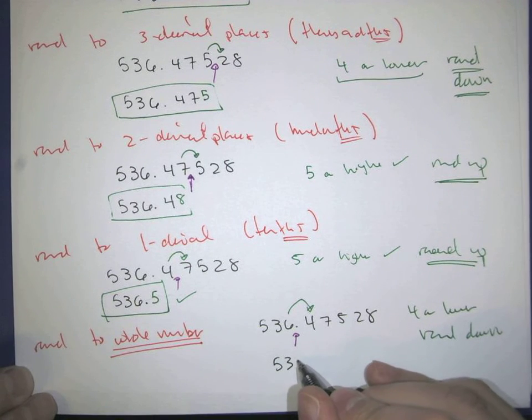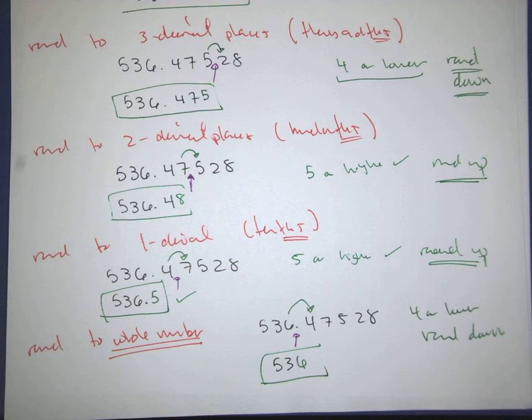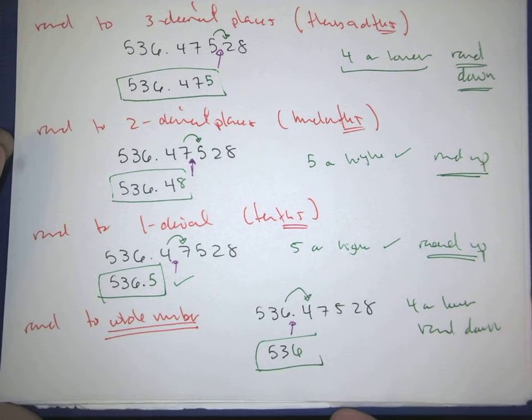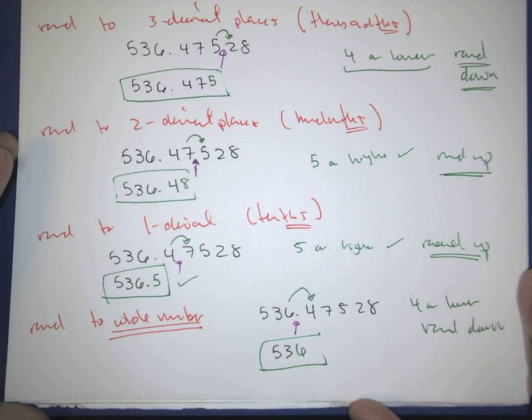You wouldn't write 0.0. The idea is you end it at that digit. The whole purpose here is to drop off the digits that are coming afterwards. Obviously in some sense 536 is equivalent to 536.0, but again, when you round, the idea is to write fewer digits, so you're only writing your digits to that place before the decimal. So 536 is where we would end it, and that's the basics.